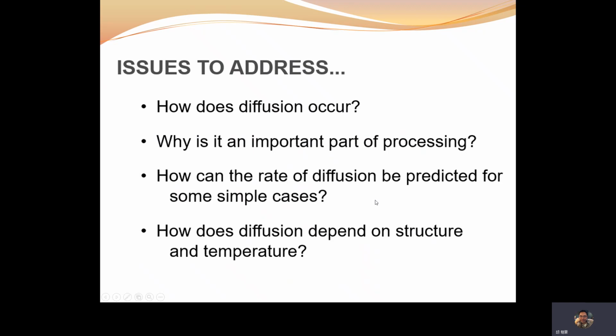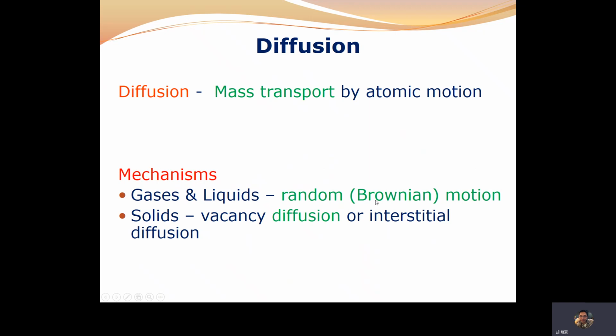Previously we already learned about defects: the point defect, linear defect, area defect, and so on. Those defects are highly related to, highly correlated to, the diffusion process. The definition of diffusion is mass transport by atomic or ionic motion, and its mechanisms include random motion, or Brownian motion, if they are gases and liquids.